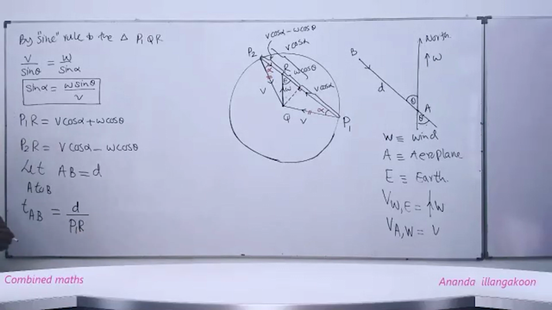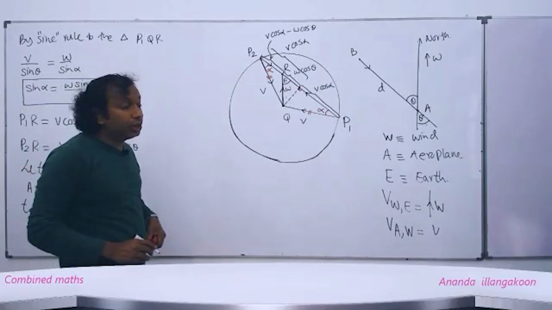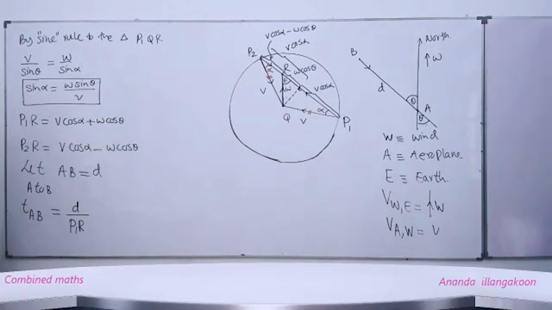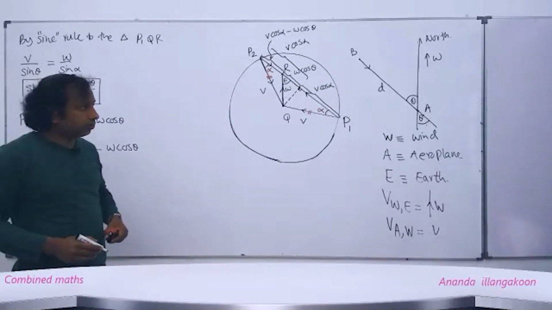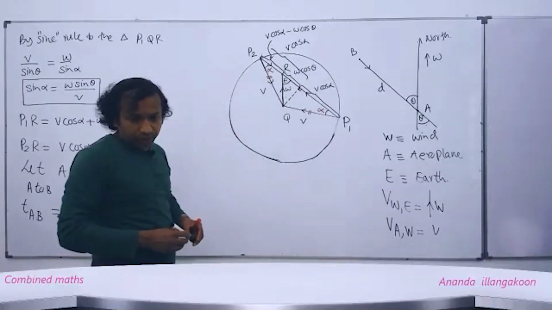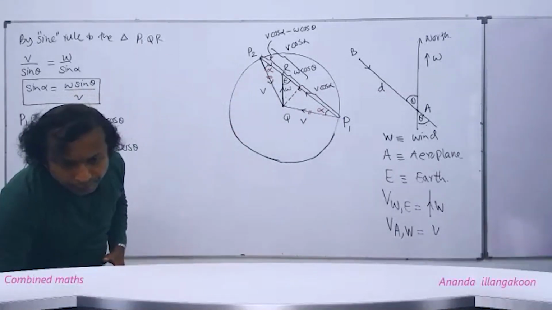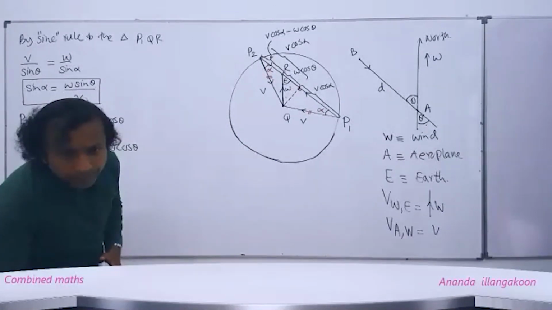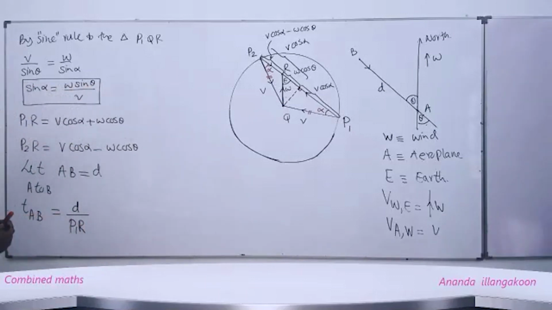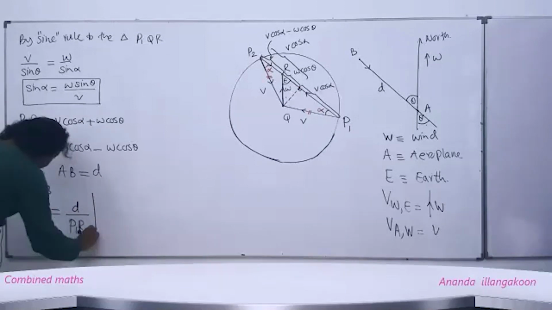Secondly, write down the time taken by the aeroplane to move from B to A. TBA.